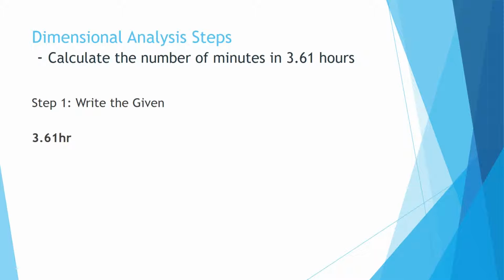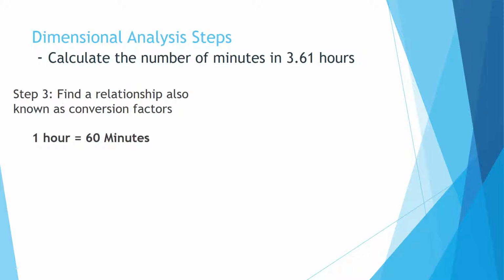Now, the way I teach dimensional analysis is I use the T-chart method. So our second step is to draw a T-chart around that given that I just wrote down. And I place it in the upper left-hand corner of that T-chart. So my third step, I should say, is we're going to find a relationship between the unit I'm in and the unit I want to go to.